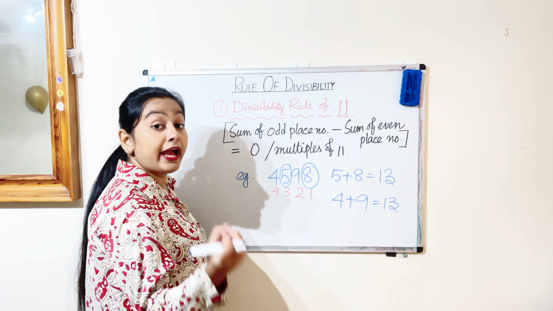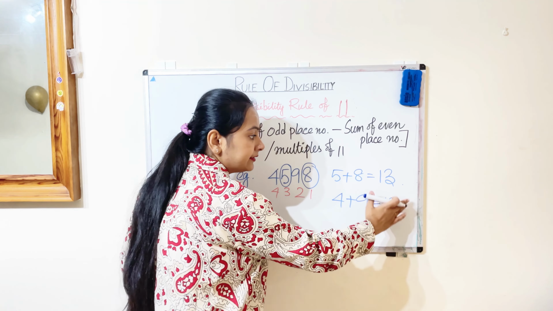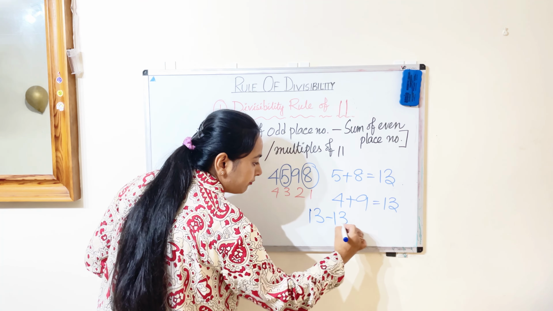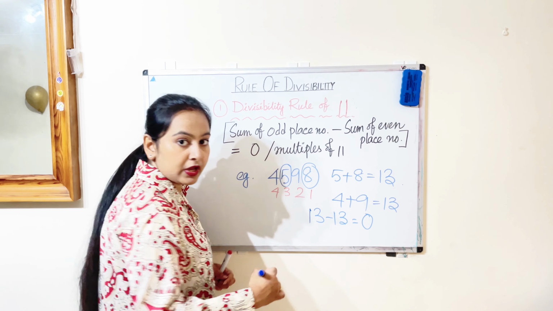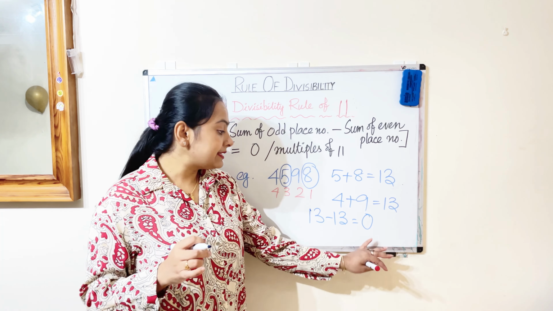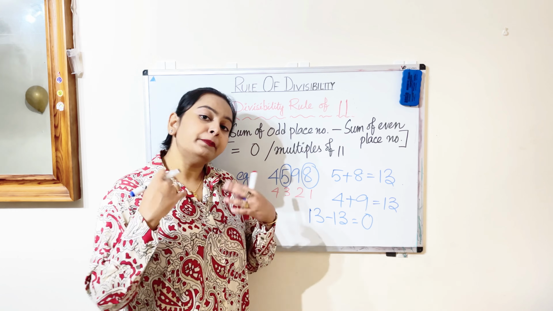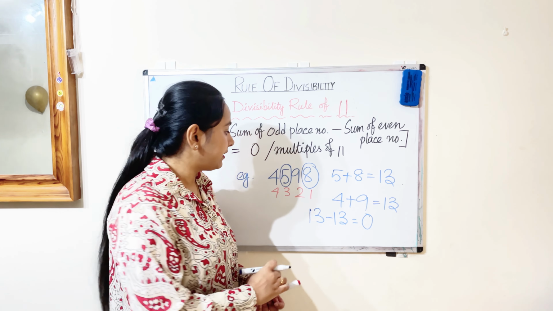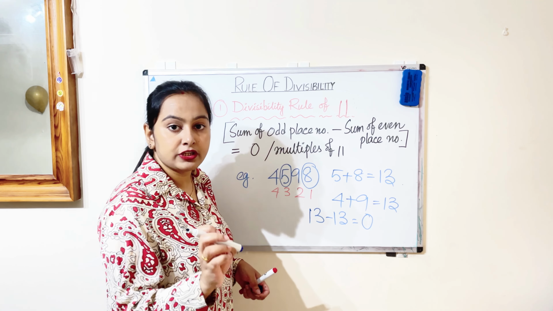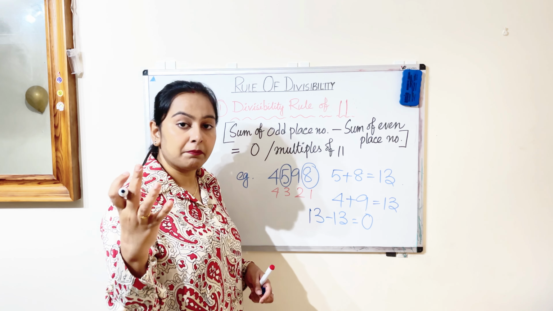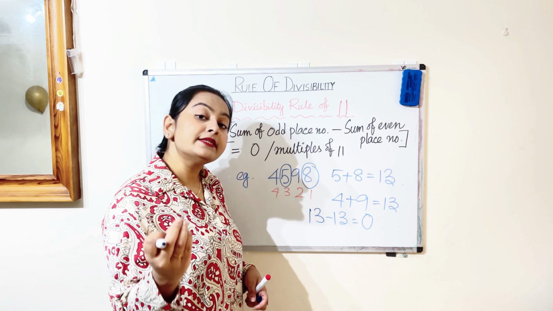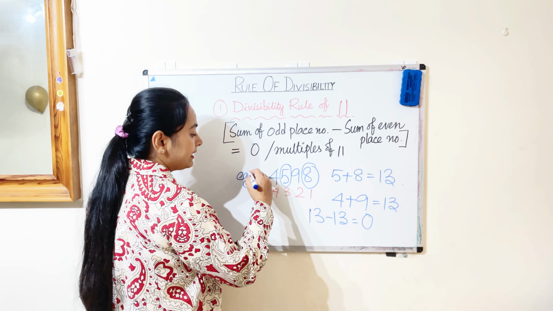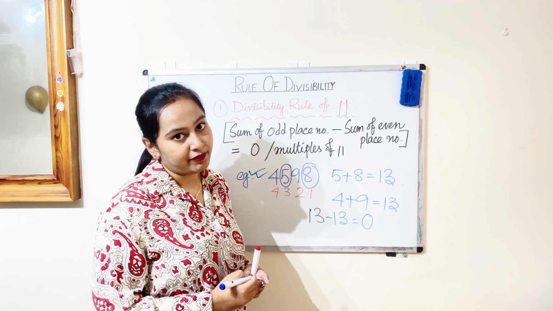Then we subtract these two results, 13 minus 13. What are we getting from there? 0. If we get 0 or a multiple of 11, then that number is divisible by 11, right? So without any division, using this method we can easily tell that 4598 is divisible by 11.